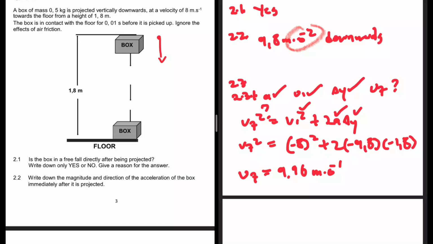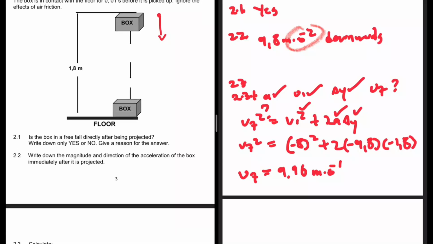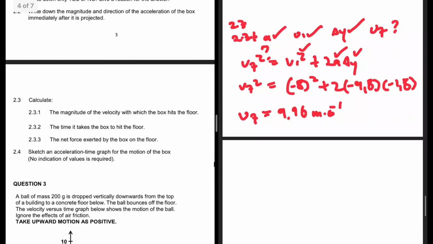The magnitude of the final velocity, I will tell you why I'm making emphasis in about a minute or so. So let's do 2.3.2: the time it takes the box to hit the floor. Okay, so take a look at this. I have VI, I have calculated VF, I have the acceleration, I'm looking for delta t.